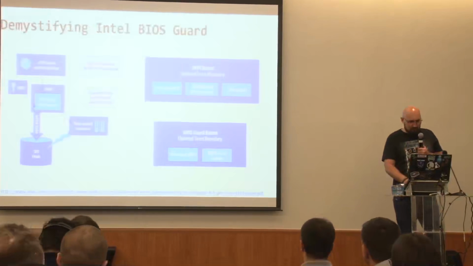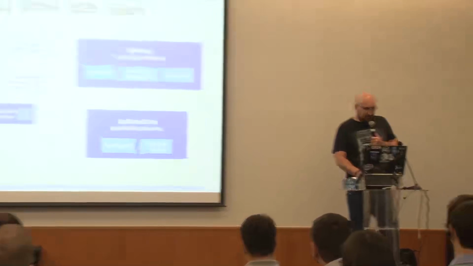This is a picture from Intel documentation, which also doesn't say a lot. And I looked at a specific implementation from American Megatrends, where I discovered how many things responsible for BIOS Guard we have in the firmware.